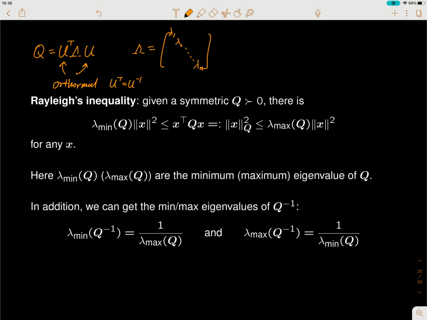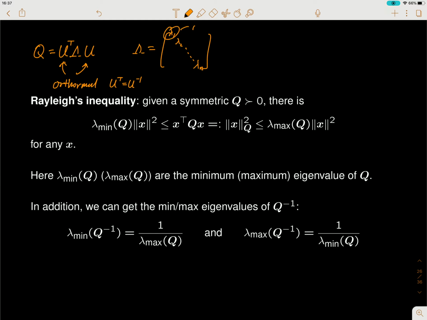So let's say that we sorted these eigenvalues in descending order. Lambda 1 is the largest one. Lambda n is the smallest one. You could have some repeated ones in between, for example, lambda 2 could be equal to lambda 1, but I'm putting them in descending order.